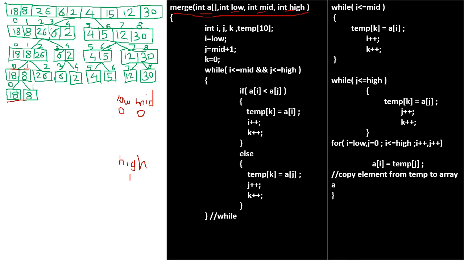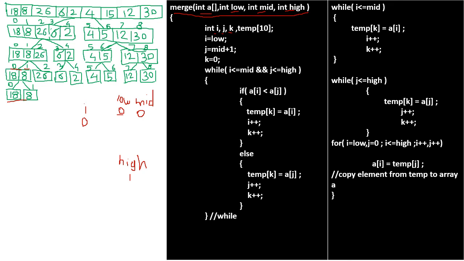Okay, after that we have to maintain three variables i, j and k. These variables indicate the indices of the array. Suppose i is equal to low, and low's value is 0, so the i value is also 0.